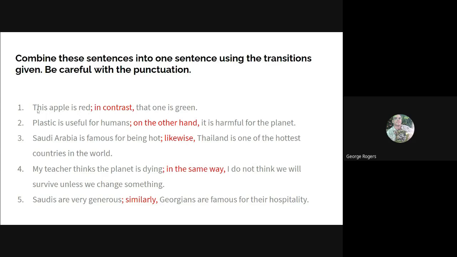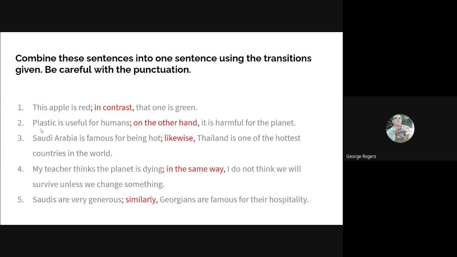This apple is red, semicolon, in contrast, that one is green. So again, you've got the comma after in contrast. How are they different? One apple is green, one apple is red. We're showing how they are different.